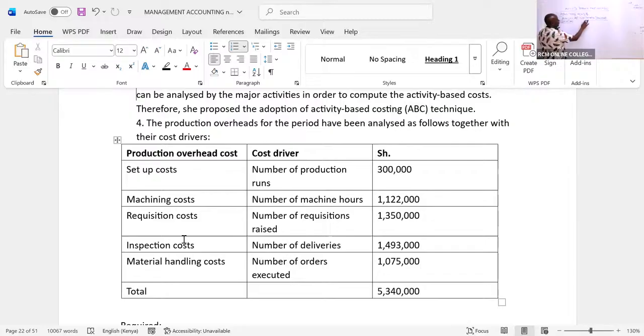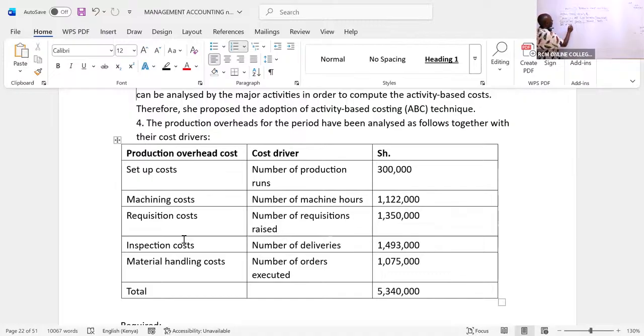So remember these cost drivers. You shall be doing this for sofas, tables, and beds. So we start with setup costs.